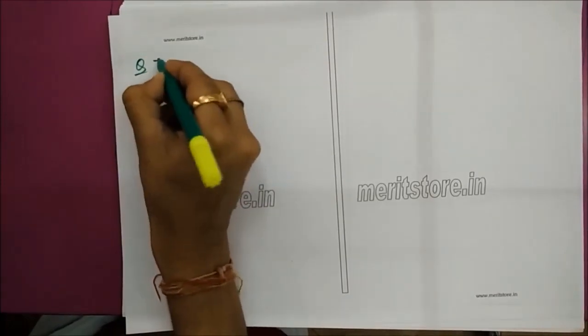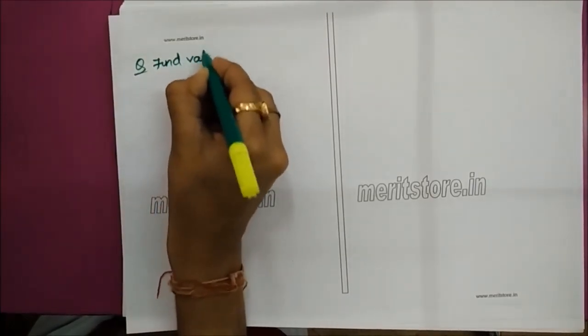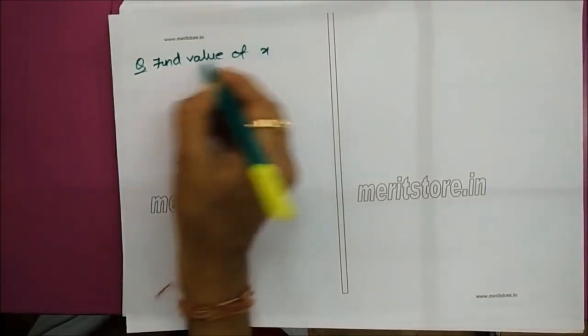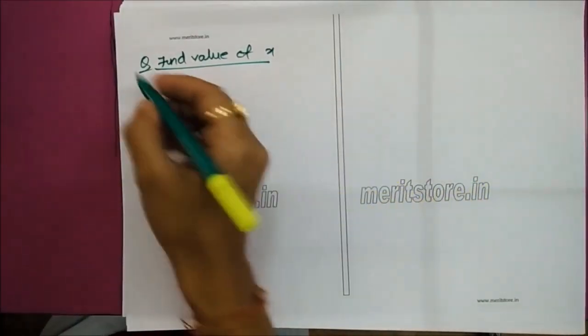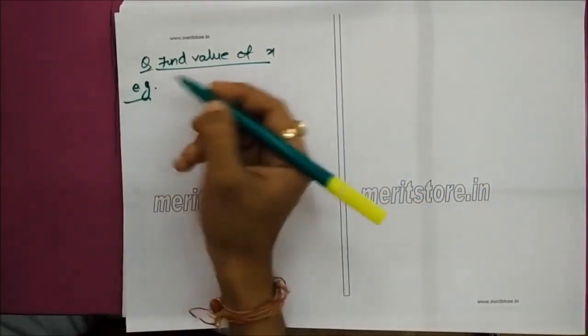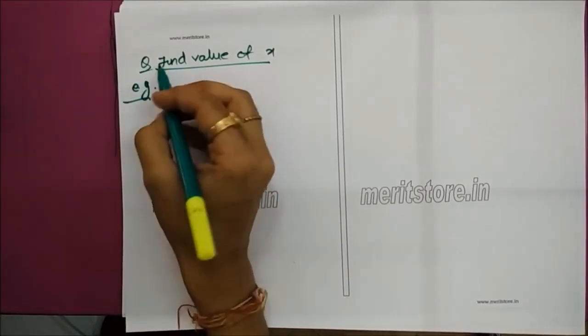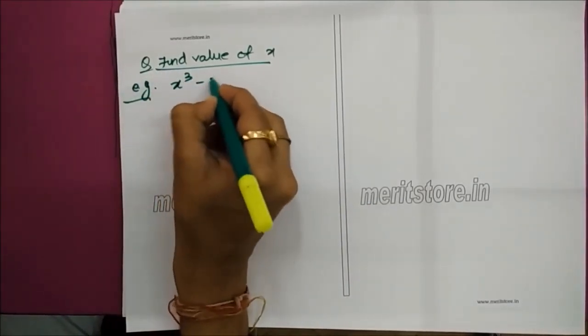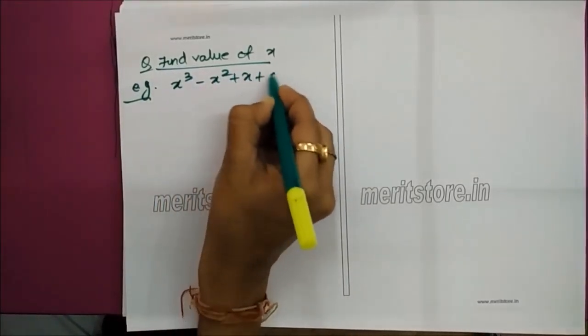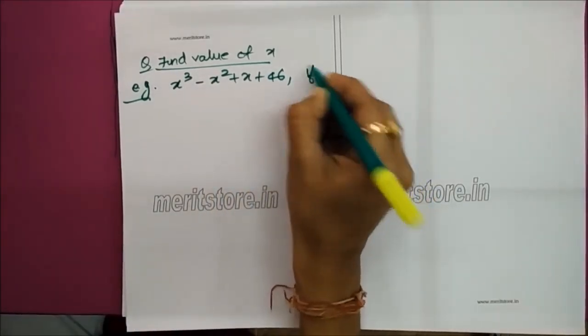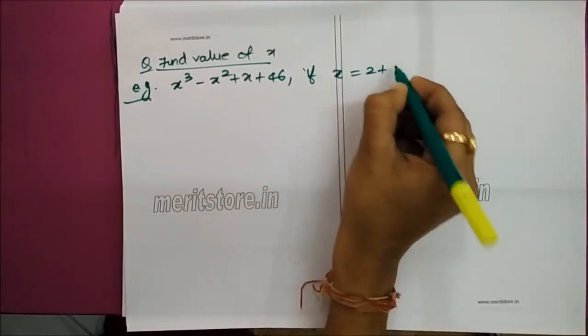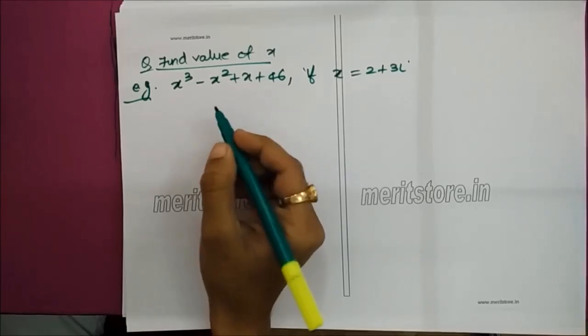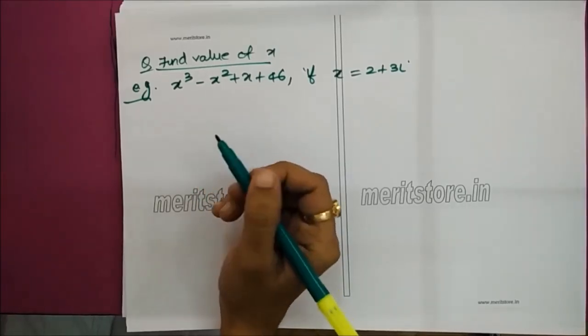Find the value of the expression here. We will take an example. Let's say x³ − x² + x + 46 if x is equal to 2 + 3i. So this is basically a 3 to 4 mark question.